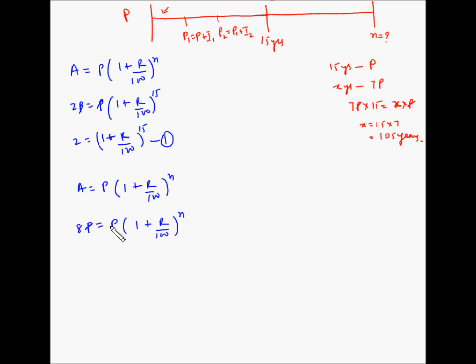Now P gets cancelled with P, so 8 is equal to (1 plus R by 100) to the power n. Now 8 is equal to 2 cube, which is equal to (1 plus R by 100) to the power n.